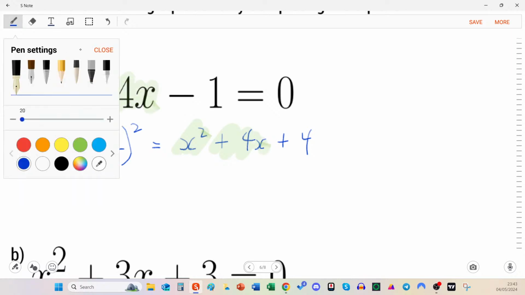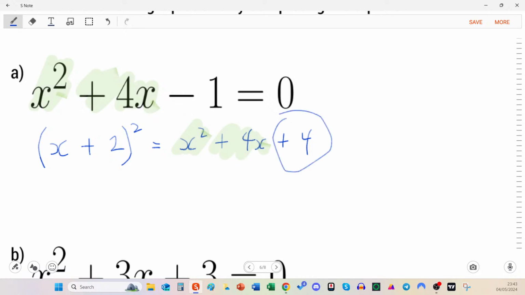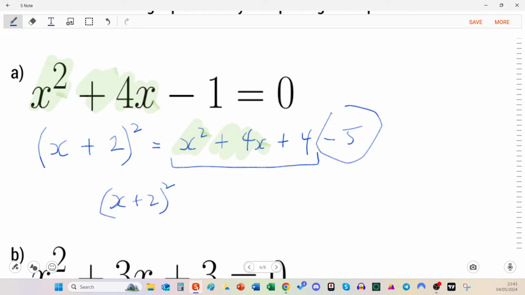But it's not accurate. It's given us a plus 4 and we wanted minus 1. What's the difference? Well, how do we get to minus 1 from 4? We're going to take away 5. So if we adjust it by taking away 5, we can write this as our estimate form, which is x plus 2 squared, and our adjustment minus 5.